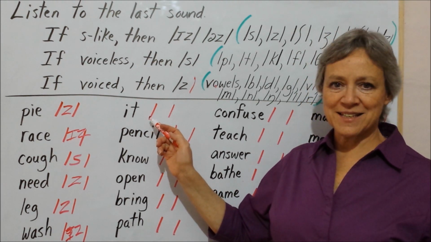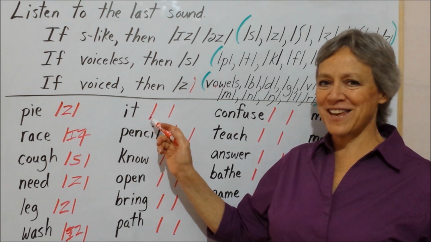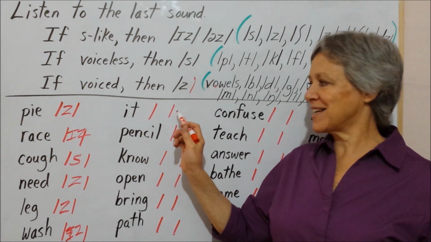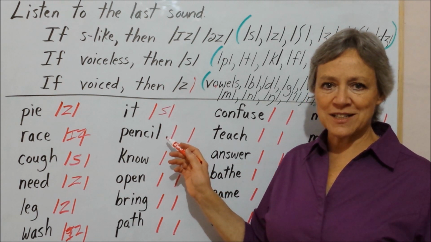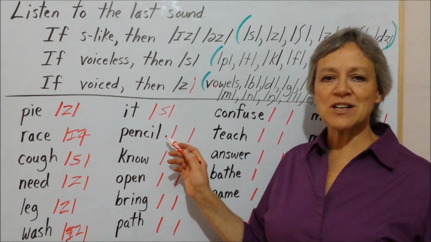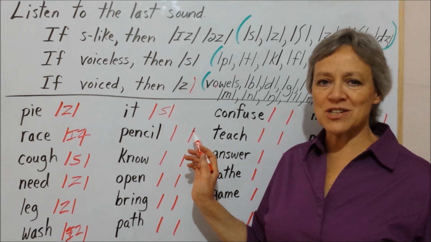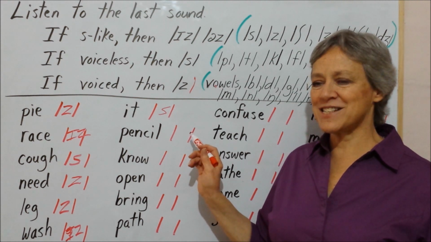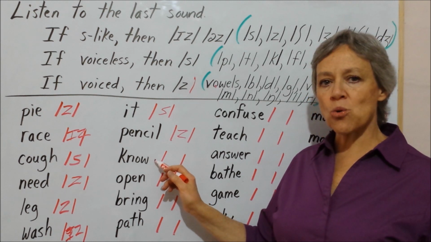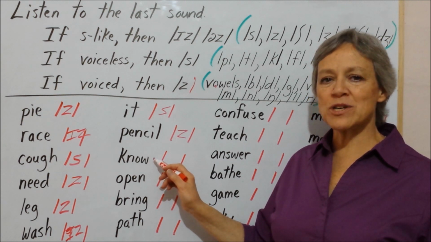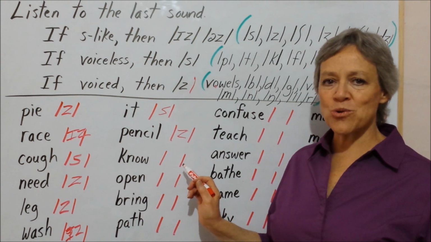This is it. Last sound is t. So with the S, it's its. This is pencil. The last sound is L. What's the ending? Pencils. This is no. The last sound is O. So nose.